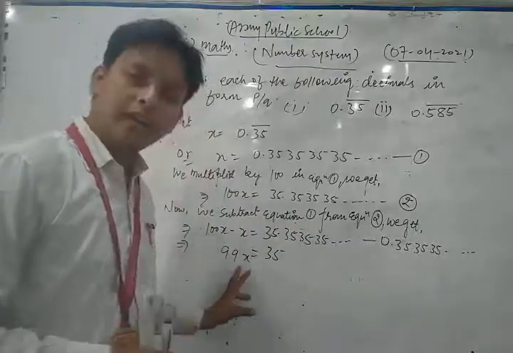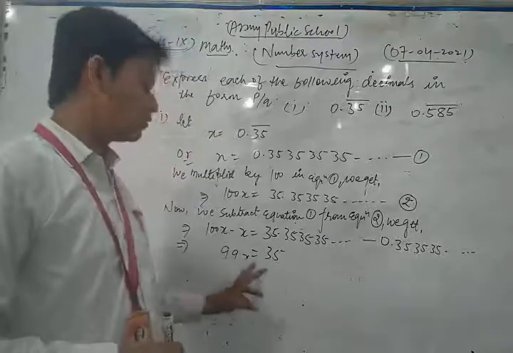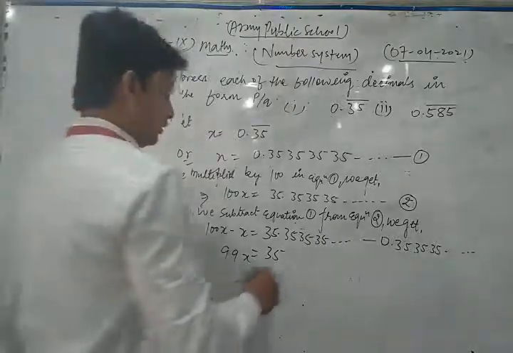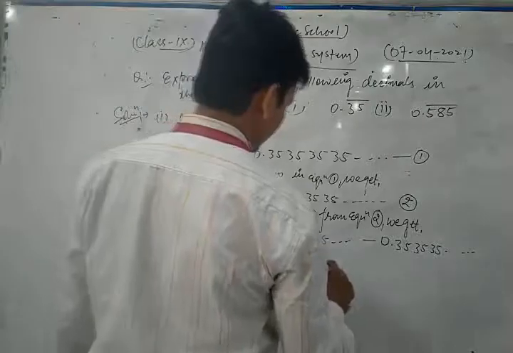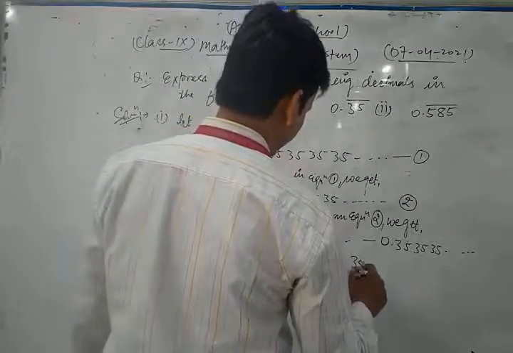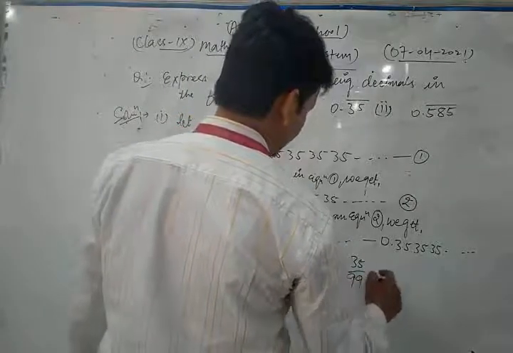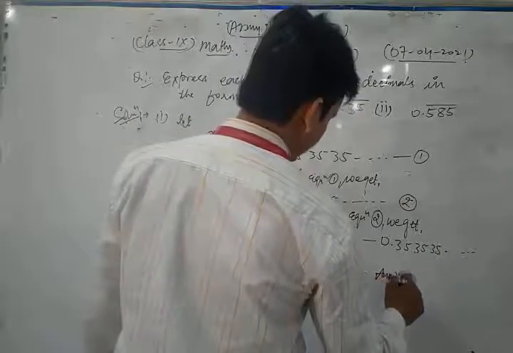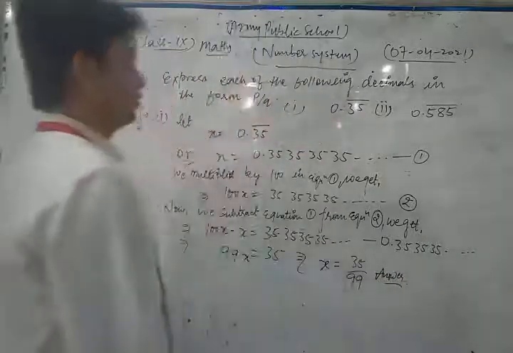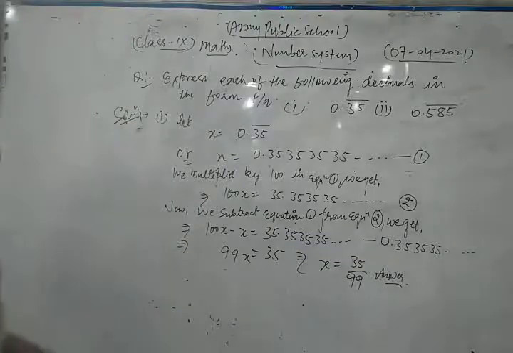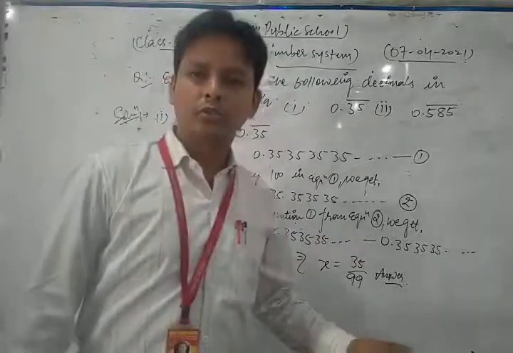So we get 99x equals 35. Thus the value of x is 35 upon 99. This is the required solution of the given question.